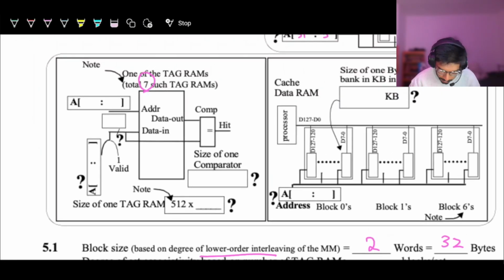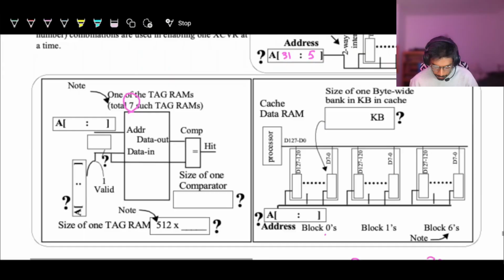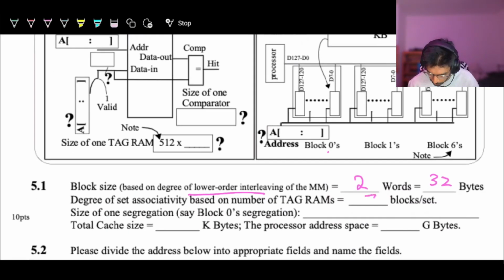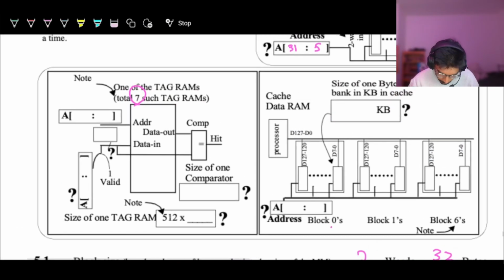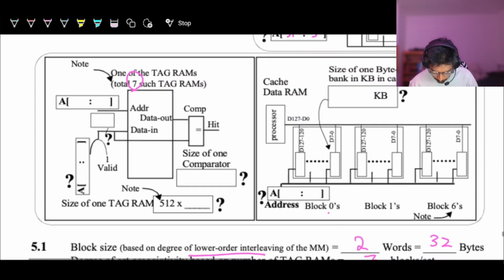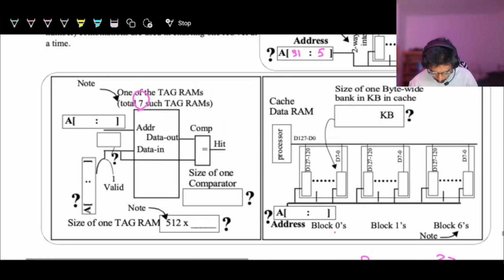So they tell us we have 7 tagrams, blocks 0 through 6, so 7 tagrams. So that means our degree of set associativity is actually 7 blocks per set. Now, they tell us our tagrams are 512 deep, and 2 words per block.